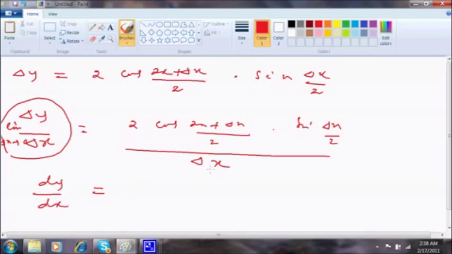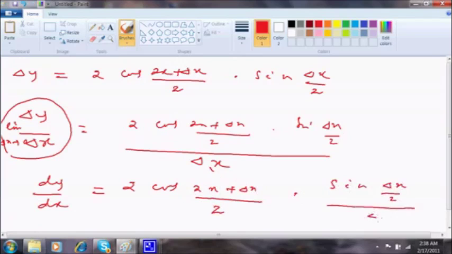Now what I'll do, I'll take the delta x, I'll separate the cos, 2 cos (2x plus delta x)/2. This delta x I will write as sine of delta x by 2 divided by delta x. In fact, I missed somewhere that here also you should write limit delta x tends to 0. So this part I will write here limit delta x tends to 0.